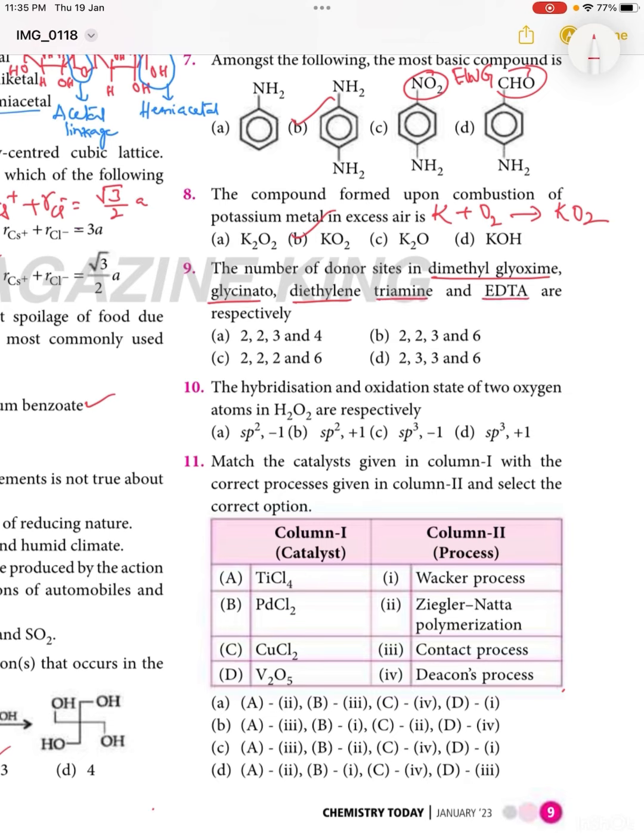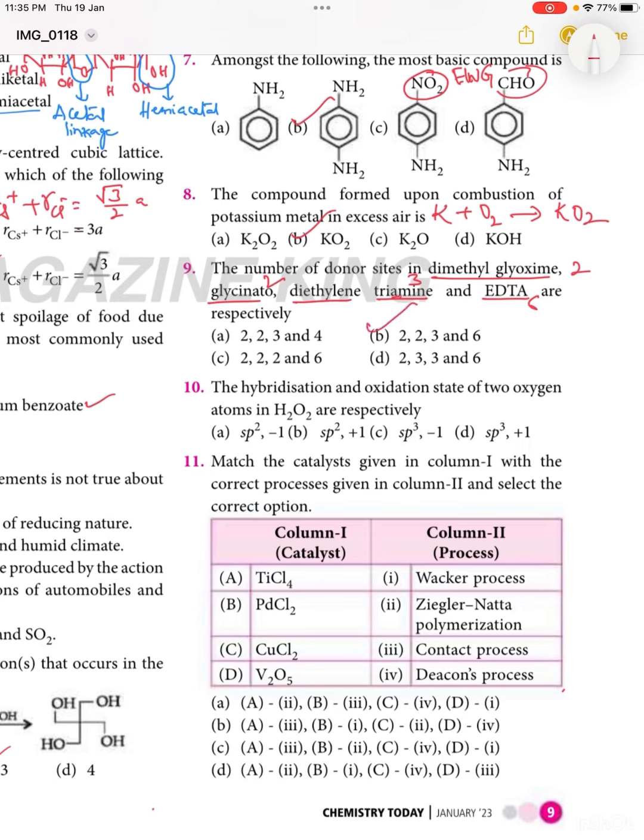Dimethylglyoxime has 2 donor atoms and glycinato also 2. Diethylene triamine has 3 amine groups, so 3 donor atoms. EDTA contains 6. So 2, 2, 3, 6.